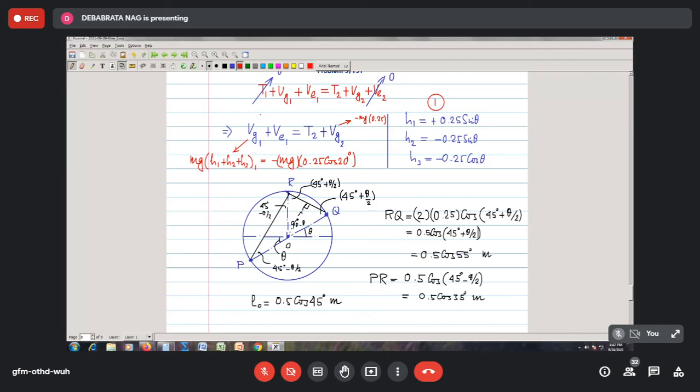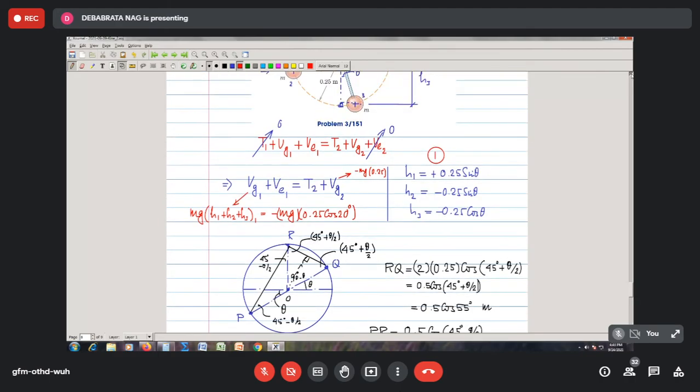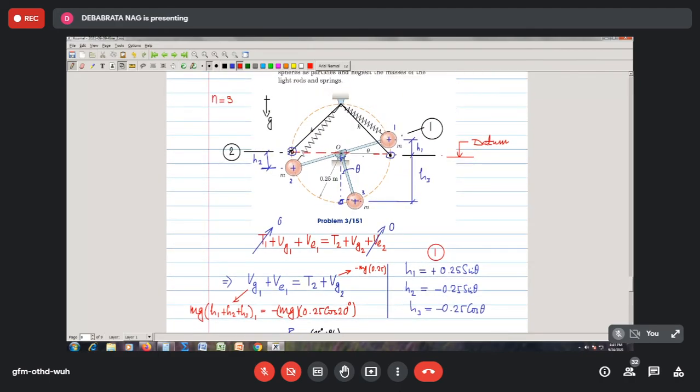So I see that on the left hand side everything is now known to me. Now comes the kinetic energy term. So we do it bit by bit. Kinetic energy term, how are we going to calculate?